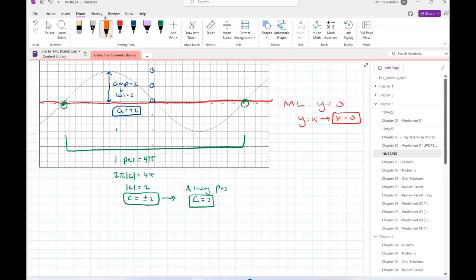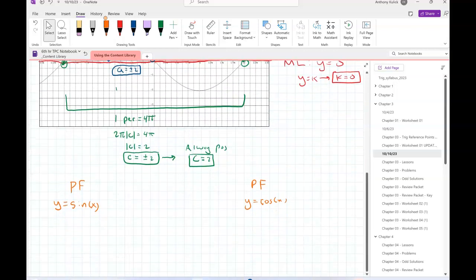Now what we need to do is decide whether we want to write this as a sine function or a cosine function, because it's possible to do either. I'm going to do it both ways so you guys can see the difference. Everybody's okay here?